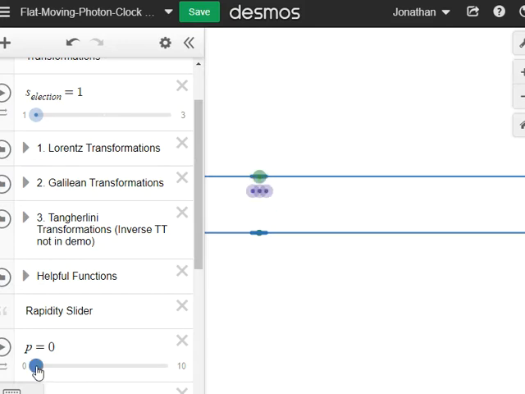But now we're going to look at this from another point of view where the photons are traveling, something like that. Now, the base of this triangle has a length of the velocity of the clock times the time, while the hypotenuse of this triangle has a distance of the speed of light times the time.